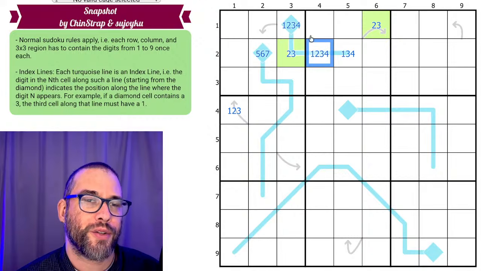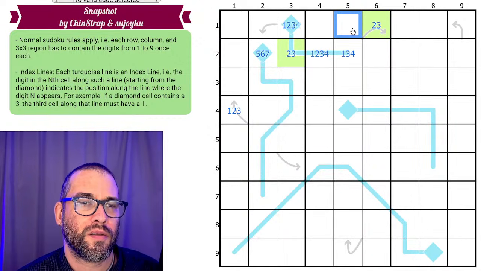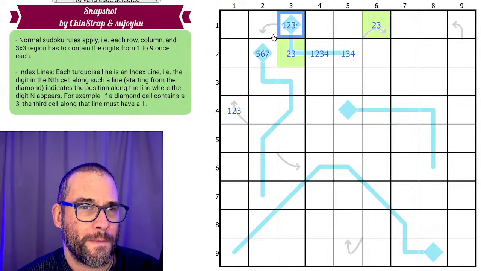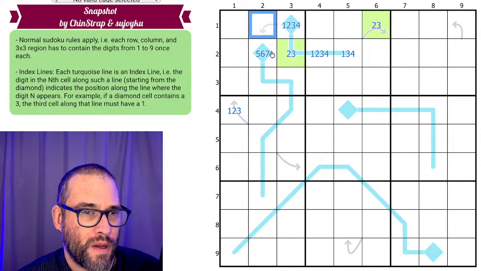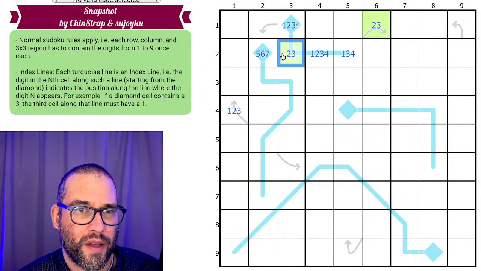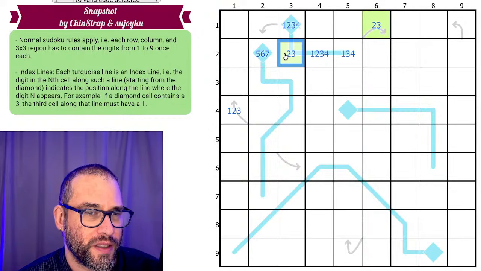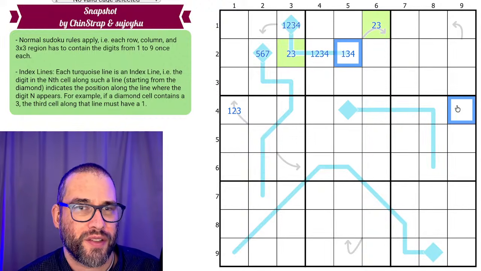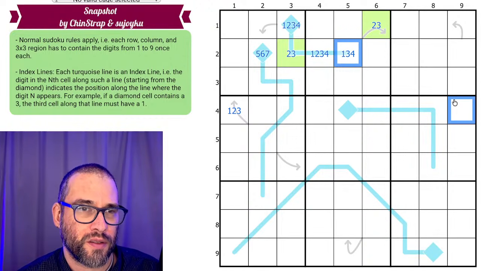I mean, not 2, obviously. Okay. Ooh. That would be exciting. Garion says green can't be 3. That would put this digit here.